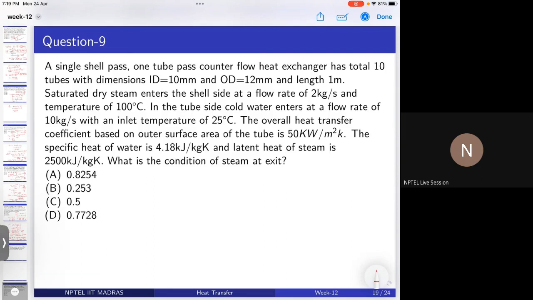In the tube side, cold fluid enters at a flow rate of 10 kilogram per second with an inlet temperature of 25 degrees Celsius. The overall heat transfer coefficient based on the outer surface area is given. The specific heat of water and the latent heat of steam are also given. We have to find the exit condition of the steam.